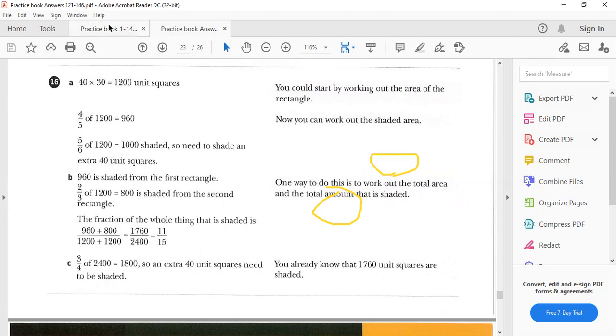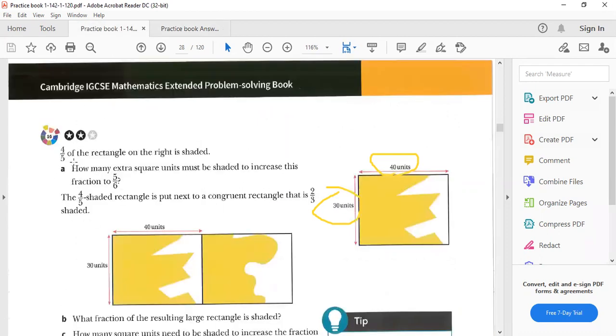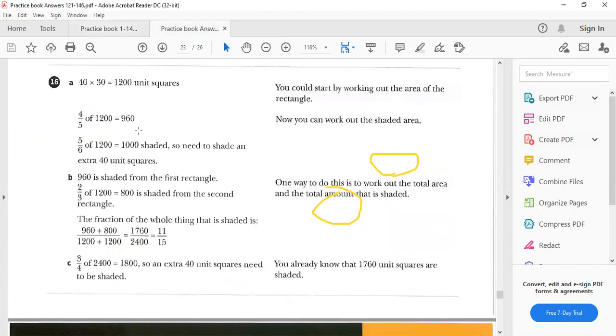Now here we have 4 by 5, and we multiply it with 1200 squares. When I multiply this, I get my answer: 4 by 5 of 1200 is equal to 960. That means 960 squares are shaded out of 1200. Same for 5 by 6: I multiply 5 by 6 of 1200, so I will get 1000 shaded.